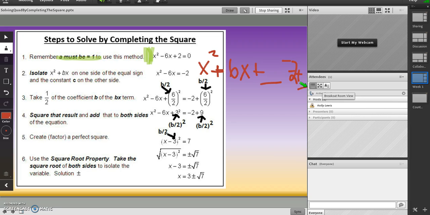In that blank goes that b/2 squared. And then we go through this process, okay? So you may want to pause the video and write down the steps. So a must be 1. You're going to isolate, and what I normally do is write plus blank on both sides.